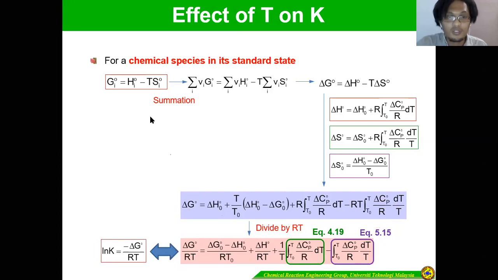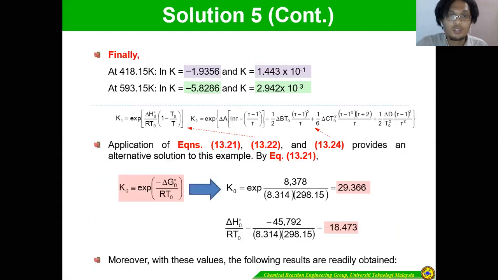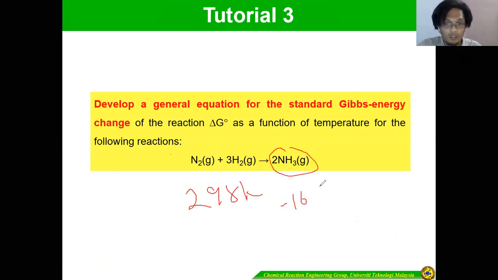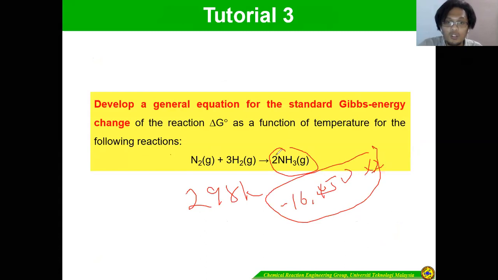I told you that the temperature is operated at 298 Kelvin. So you can directly calculate. This one you get negative 16,450, right? So just times 2. This one is 2 mole, isn't it? So you can get 32,900. Okay. So this is the answer.